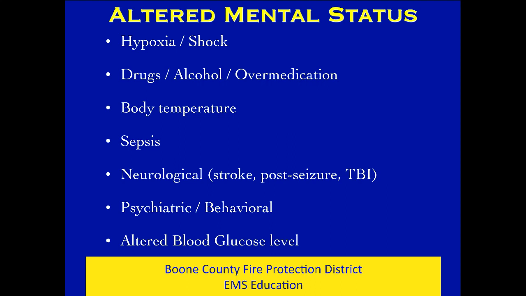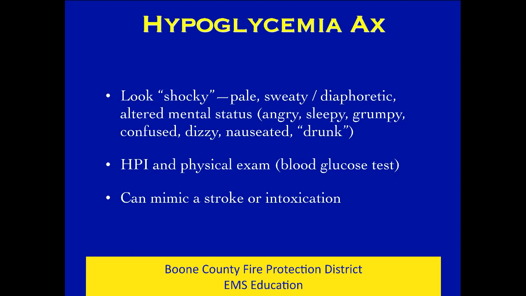I think it would be absolutely safe for you to consider that in any patient with altered mental status, even if you think you found hypoxia and shock, even if you're very sure that the patient has drugs or alcohol involved, even if you're very sure the body temperature is way high or way low, even if you're very sure this is a neurologic thing or a sepsis thing, or if you're really, really sure this is just plain psychiatric behavioral issues, an altered mental status should get a check for a blood glucose level in every single situation.